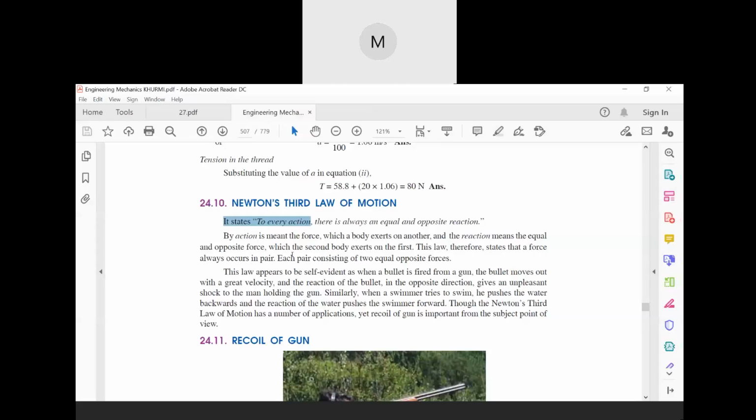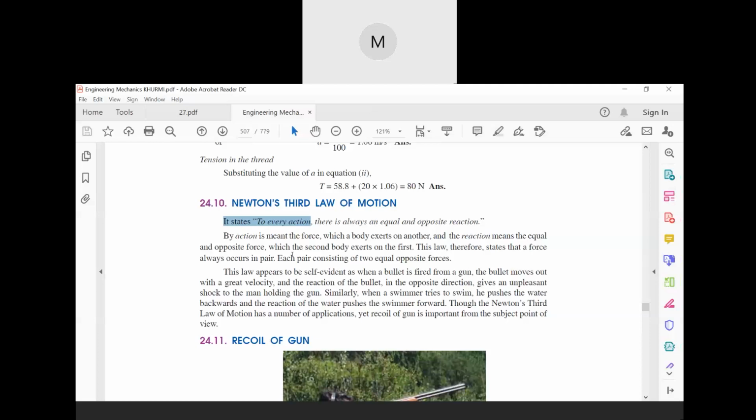So what do you mean by that? By action, it is meant the force. That means suppose if a force is acting on a body, then that is known as action.